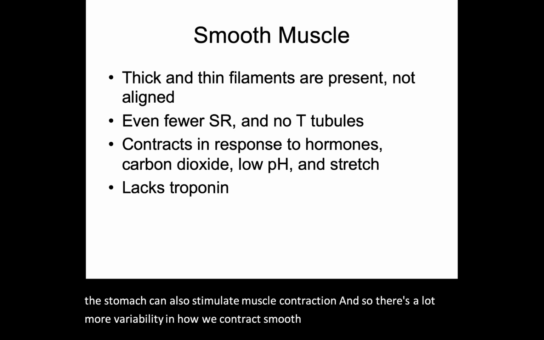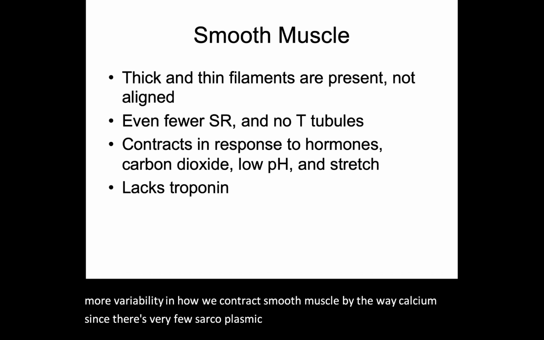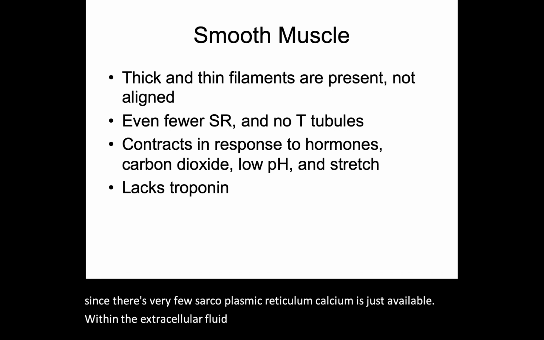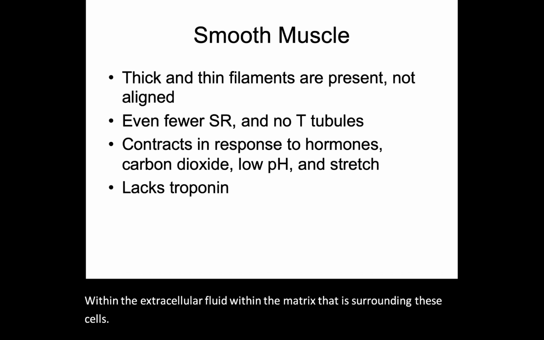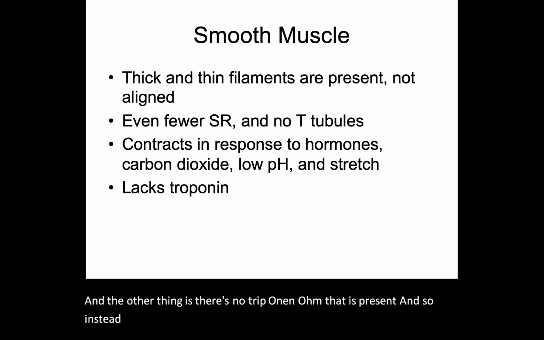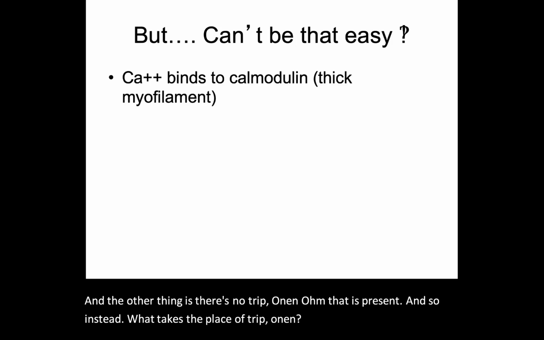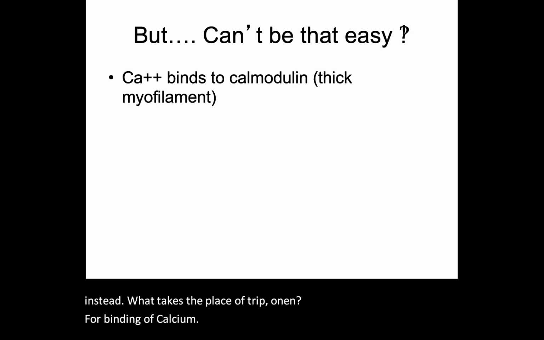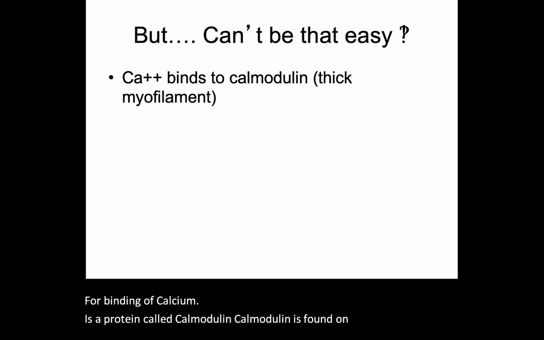By the way, since there's very few sarcoplasmic reticulum, calcium is just available within the extracellular fluid, within the matrix that is surrounding these cells. And the other thing is there's no troponin present. And so instead, what takes the place of troponin for binding of calcium is a protein called calmodulin. And calmodulin is found on the thick myofilaments.